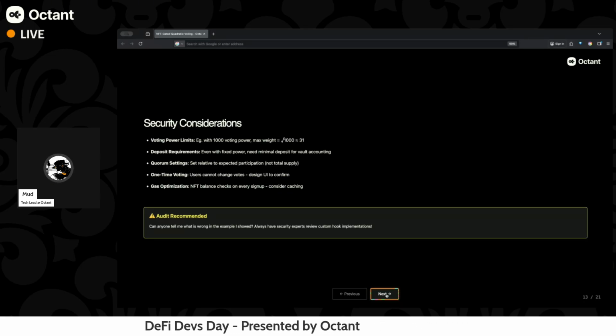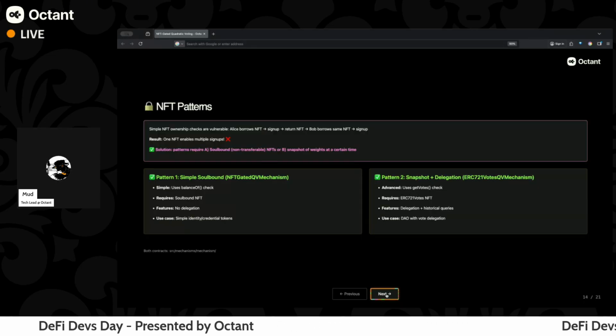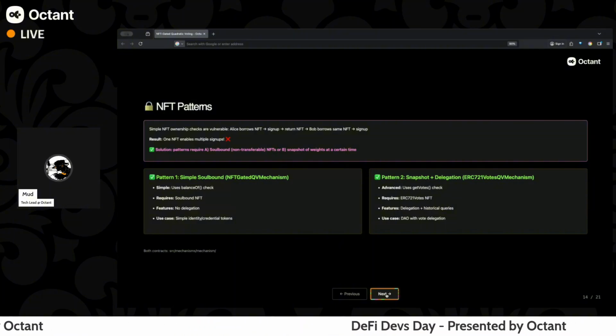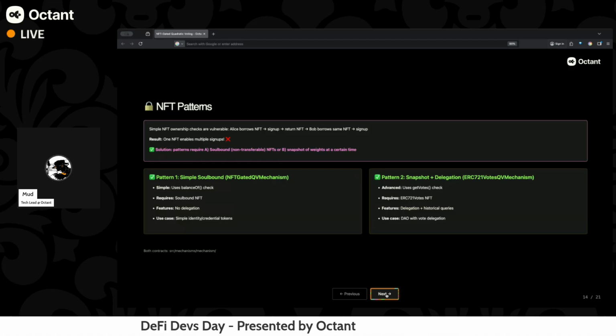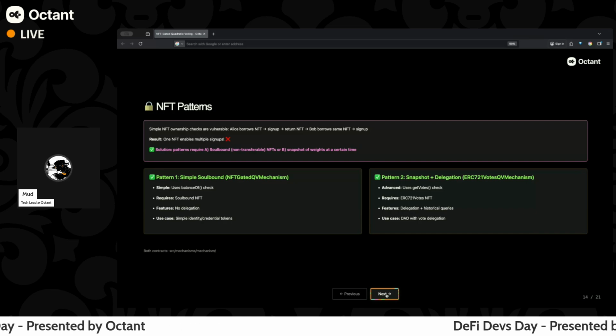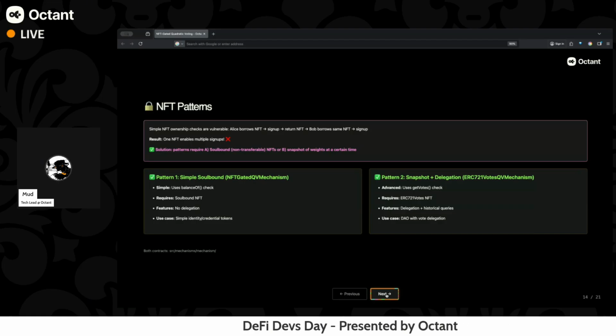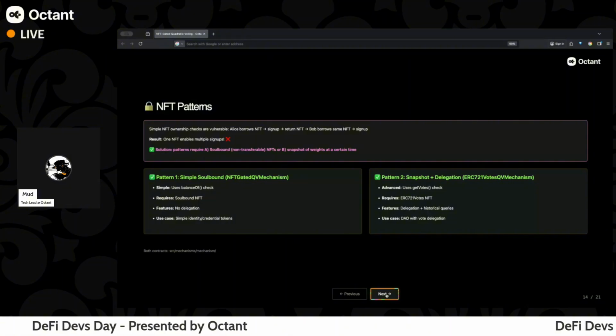So a big one is handling Sybil attacks. If you have an NFT-gated system, like the one that we built before, even though it sounds pretty nice, it's vulnerable to a pretty simple problem where if someone borrows an NFT, they can sign up, get some voting power, and return the NFT to the owner.